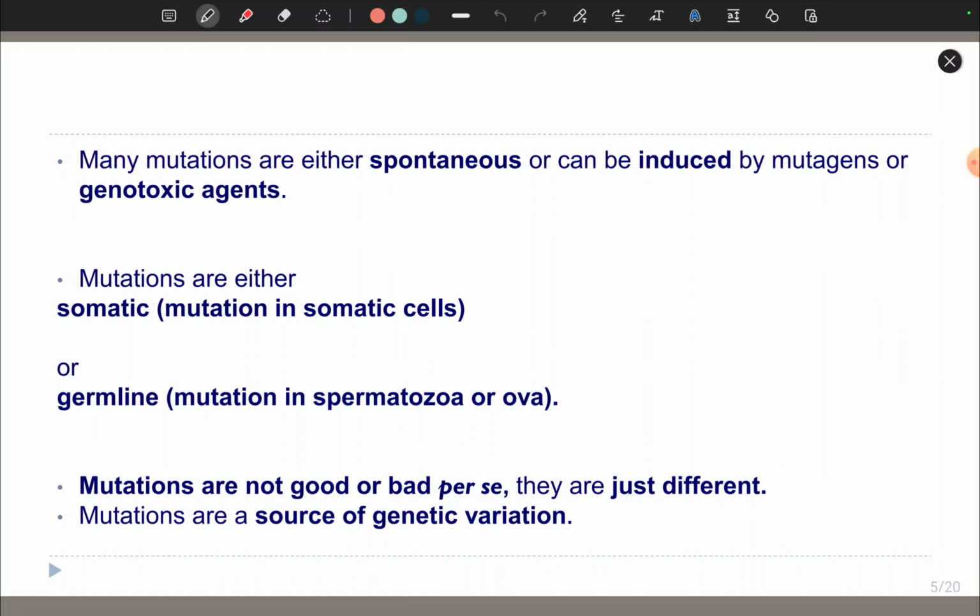We have lots of examples: single gene and multi-gene diseases, cystic fibrosis, for example, sickle cell anemia, achondroplasia, xeroderma pigmentosum, von Hippel-Lindau syndrome, lots of them. Okay?